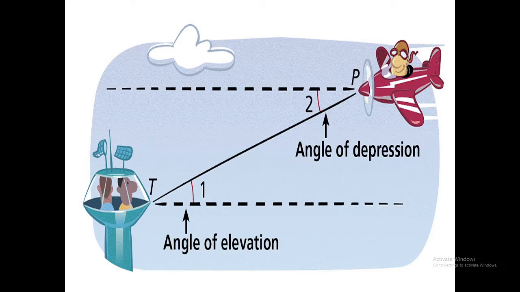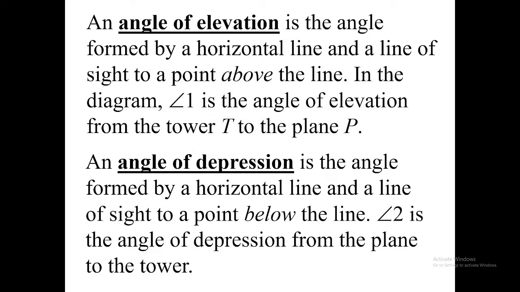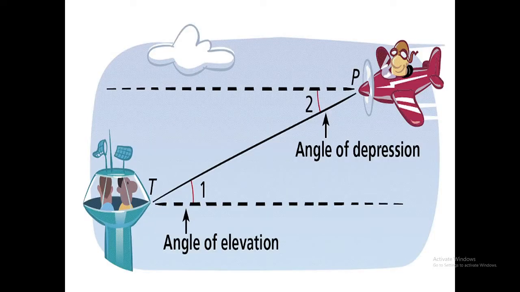When I talk about angle of depression, let's have the definition. An angle formed by a horizontal line and the line of sight to a point below the line. So angle 2 is the angle of depression. This is the horizontal line. This is the line of sight. Take note, the line of sight is below the horizontal line. Okay?